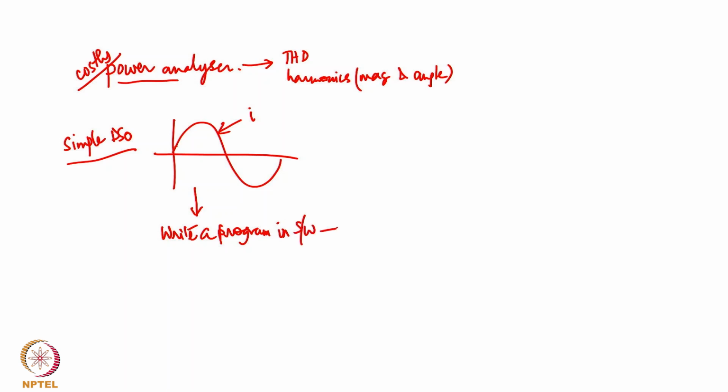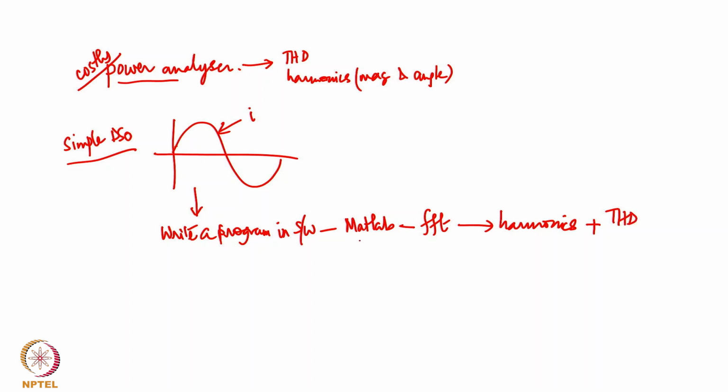Typically we many times use MATLAB, because MATLAB has an inbuilt function called FFT, fast Fourier transform, and by applying that command to the block of memory which contains the sampled values of the signal, you can get all the harmonics. And if you modify the code, you will also get the THD.